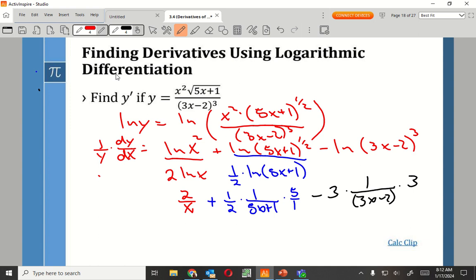Okay. All right, so now all this here is equal to the left side, which is 1 over y dy dx. Now, is my dy dx by itself? No, it's not.